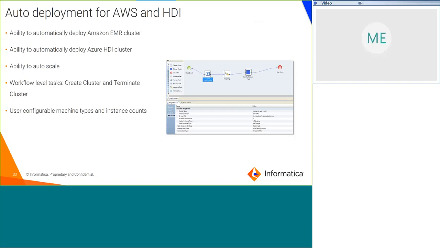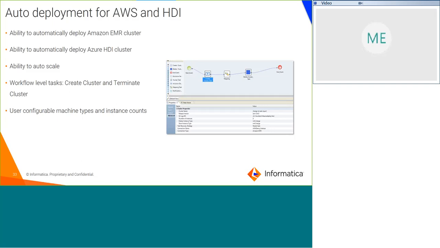If you are an EMR customer or an HD Insight customer, you want a way of taking any kind of workload and putting it in a dynamic scenario, where you should be able to spin up a Hadoop cluster on demand, run your job, and then shut down the Hadoop cluster on demand.